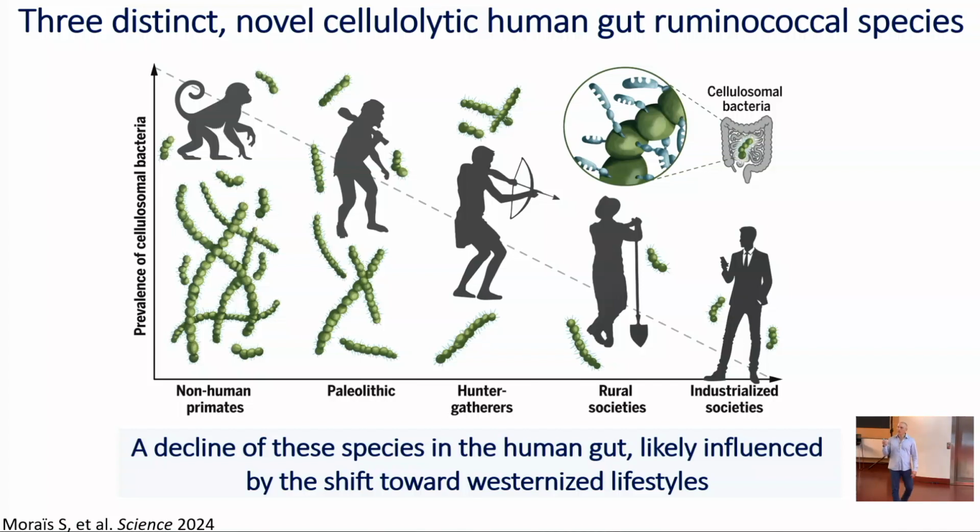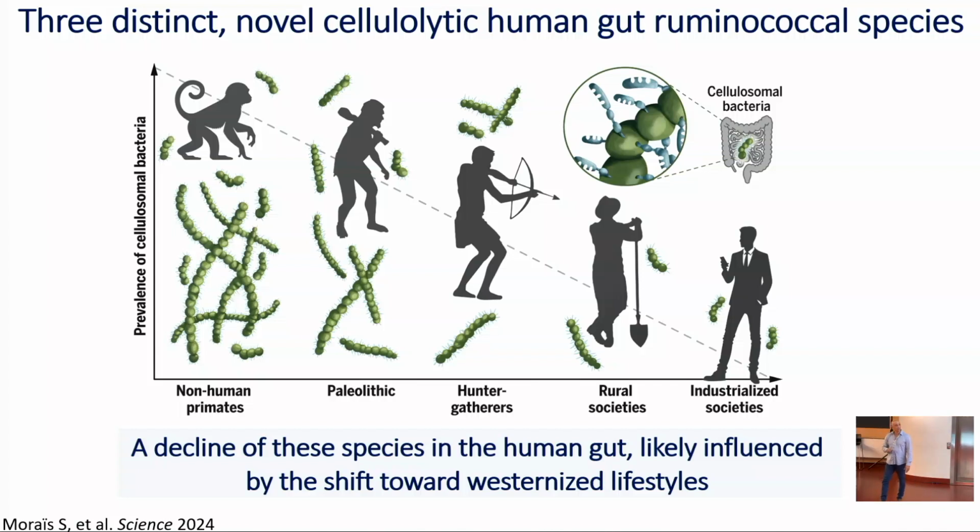But the conundrum of why humans cannot do that arose when we looked at the abundance of the species and their prevalence across human populations. So here on the y-axis you see the prevalence, how many individuals would have this species within them, and the amount of microbes that you see per group of, I don't know, either humans or apes, is the actual abundance in the ecosystem.